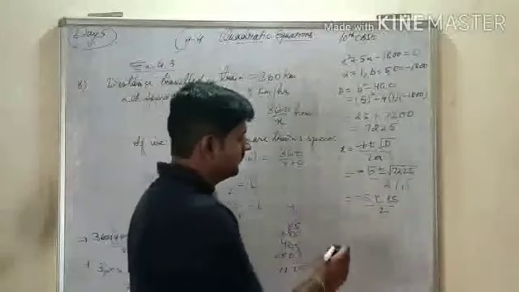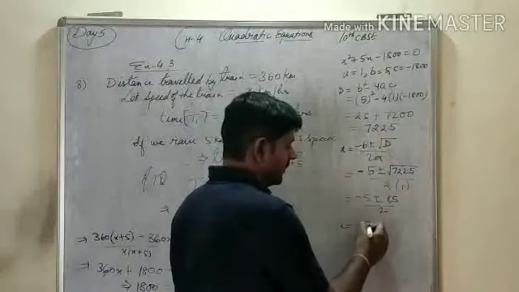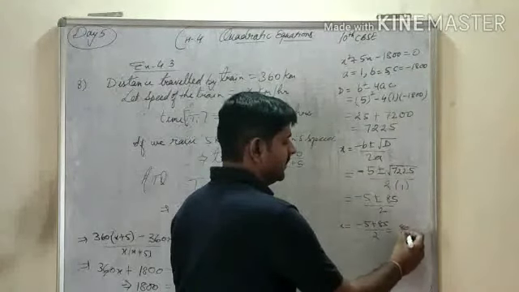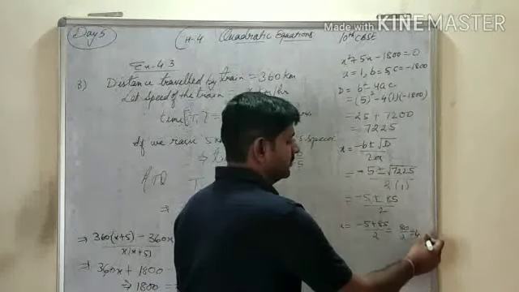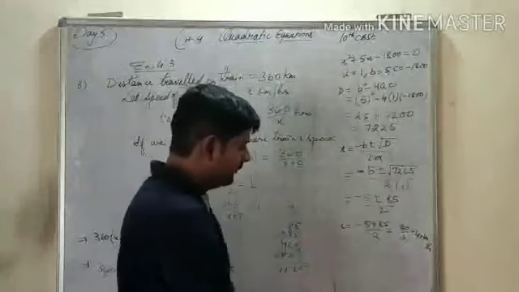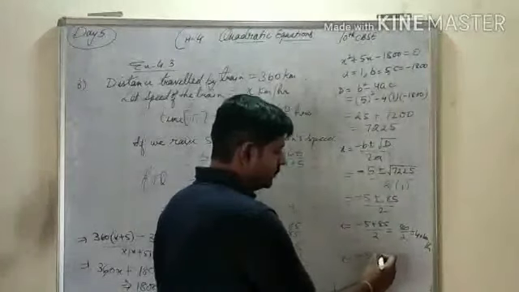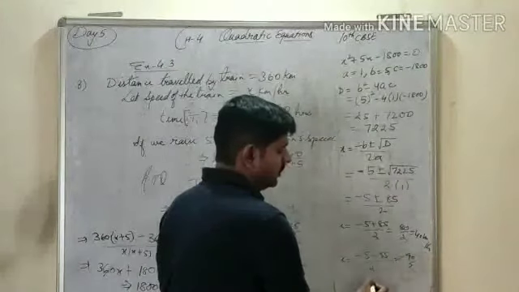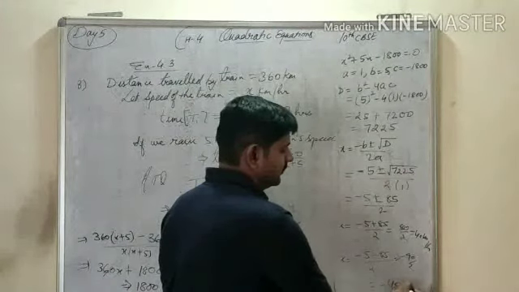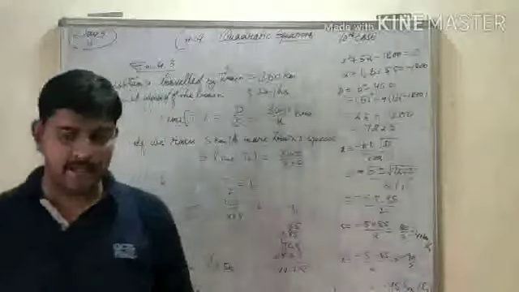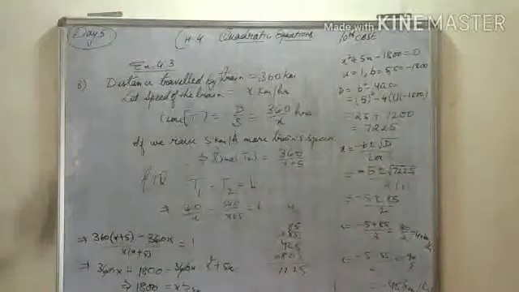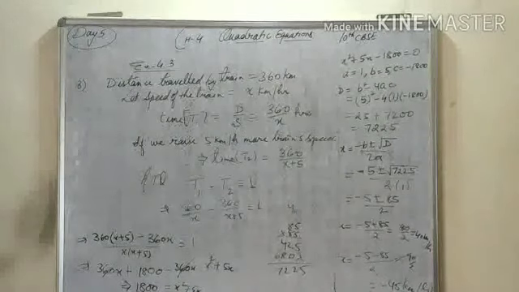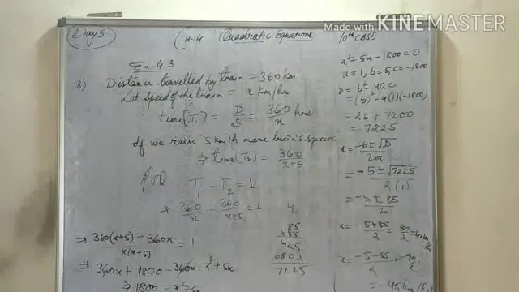Now first we take positive, so minus 5 plus 85 upon 2. In this situation there will be 80 upon 2, which is 40 kilometer per hour. If we take negative, minus 5 and minus 85, there will be minus 90 upon 2, which is minus 45 kilometer per hour. Speed is not negative, that's why we take positive 45 kilometer per hour. Please do it fast. This is the answer.